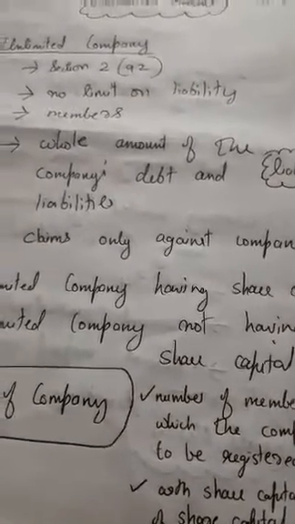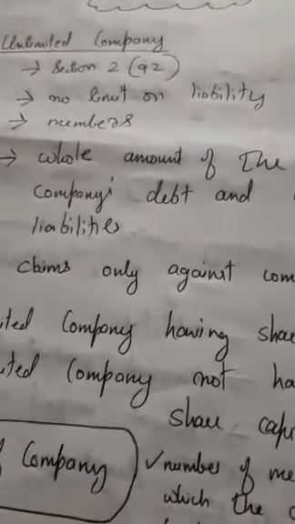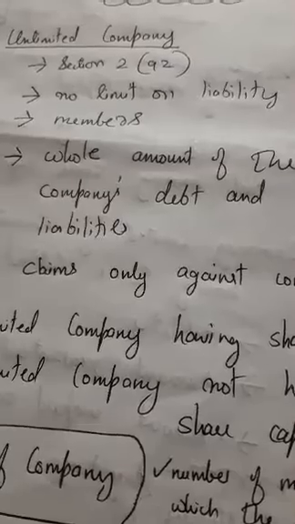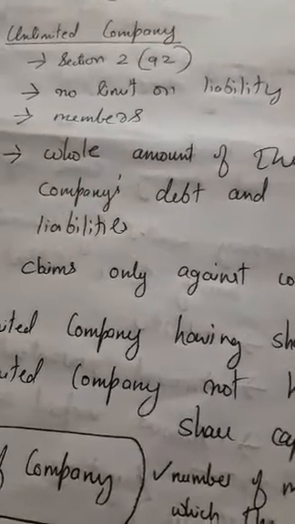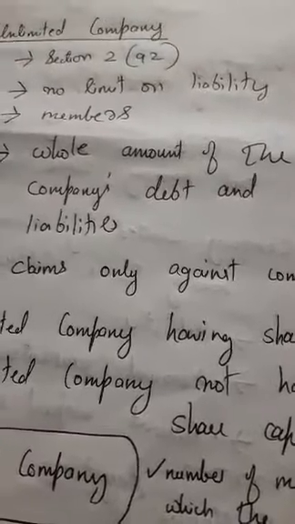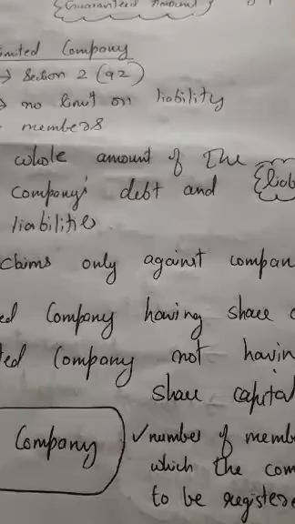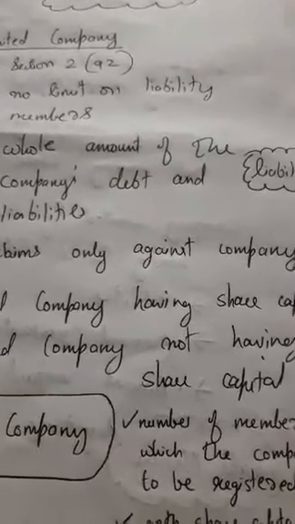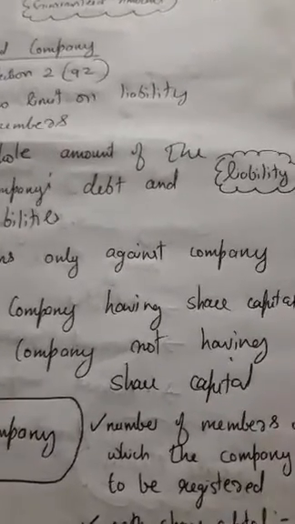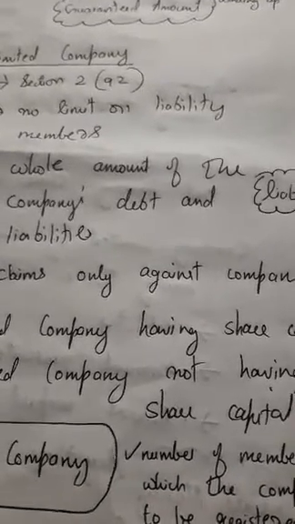And the creditors are the persons to whom the company is liable to pay obligations by way of debt or any liability. Such persons can claim only against the company and not personally against the members.